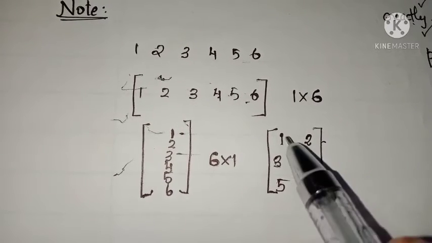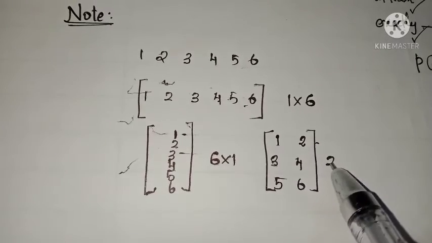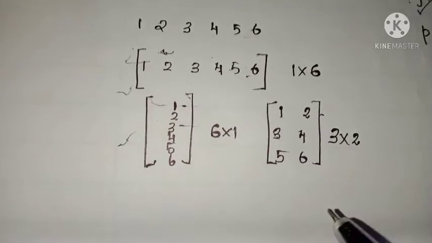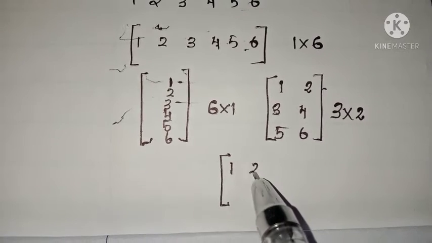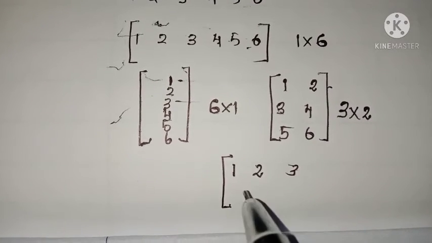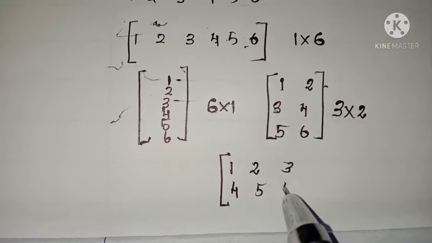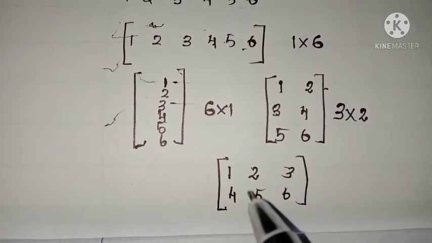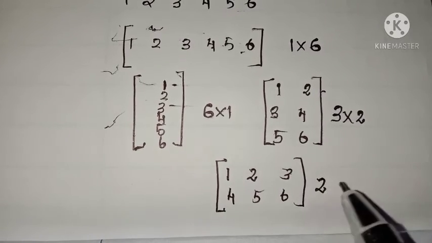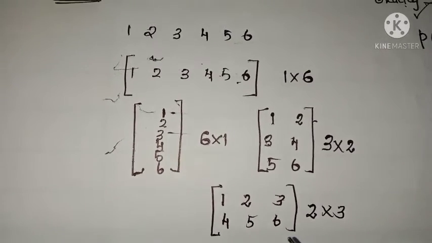Rows 3, columns 2, and therefore this is a 3 by 2 matrix. Another chance is that we can arrange the numbers as 1, 2, 3, 4, 5, 6. So 2 rows and 3 columns. So it is a 2 by 3 matrix.